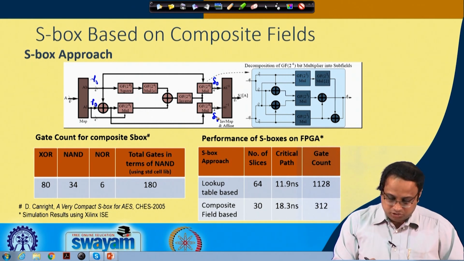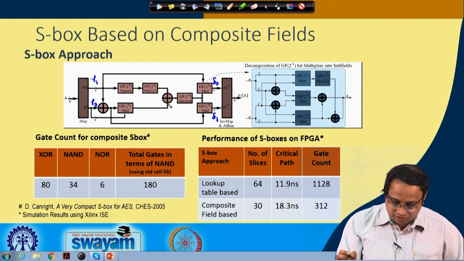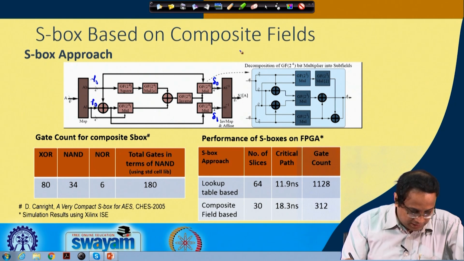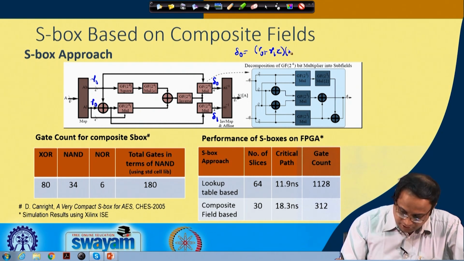Now if you remember, the equations that we had were as follows: we had delta 0 equal to gamma 0 plus gamma 1 tau multiplied with gamma 0 square plus gamma 0 gamma 1 tau plus gamma 1 square mu, whole to the power of minus 1.